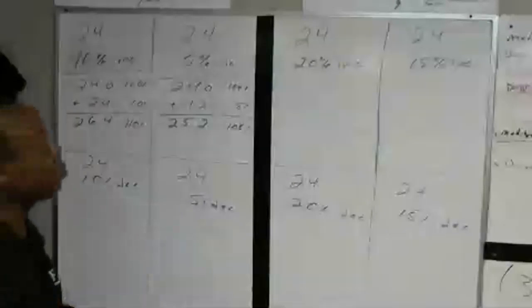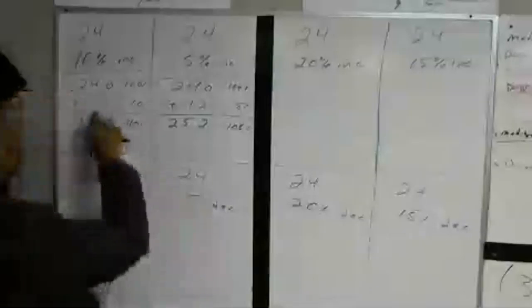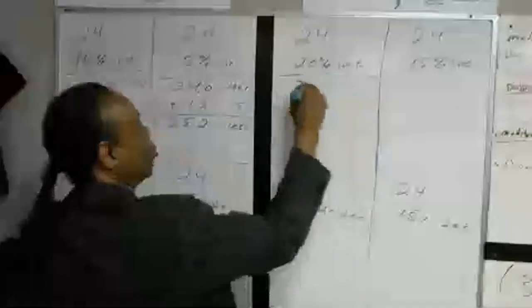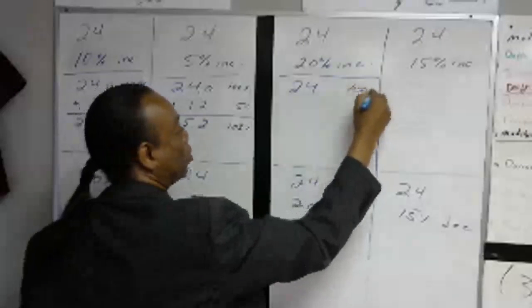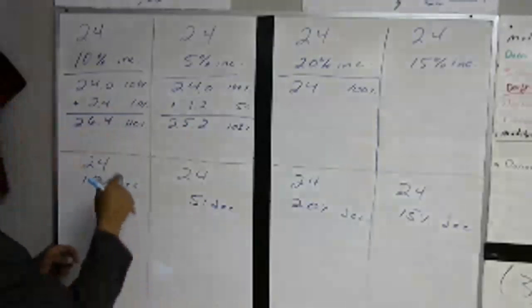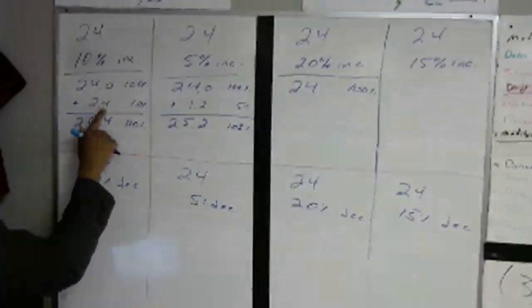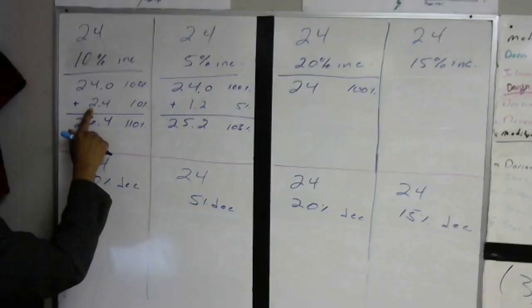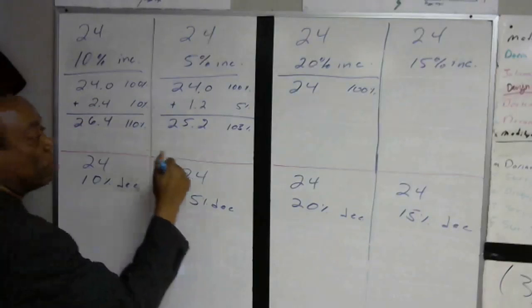Let's go to 20%. And once again, if you know your 10%, you get all the other percentages. So again, this is 24, which represents 100%. Now, 10% is your 2.4. If I were to double this, I would get 20%. So 2.4 doubled is 4.8.